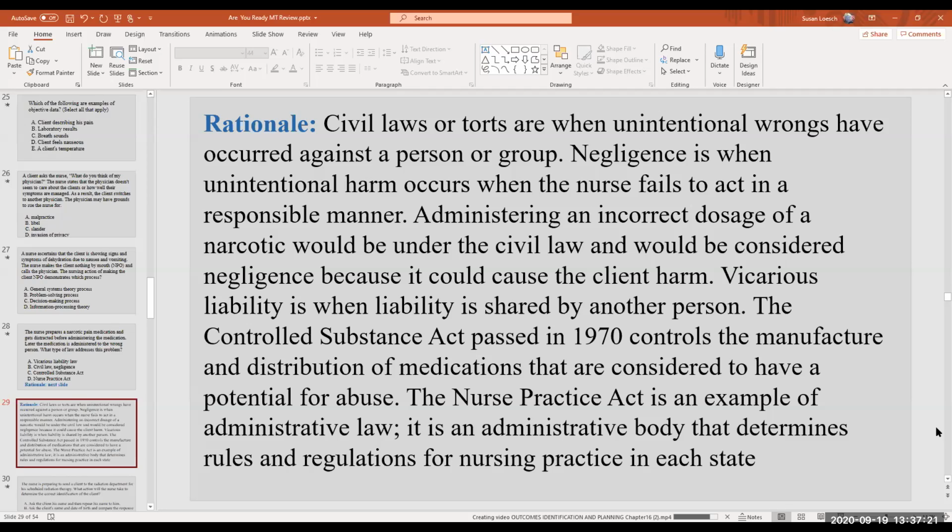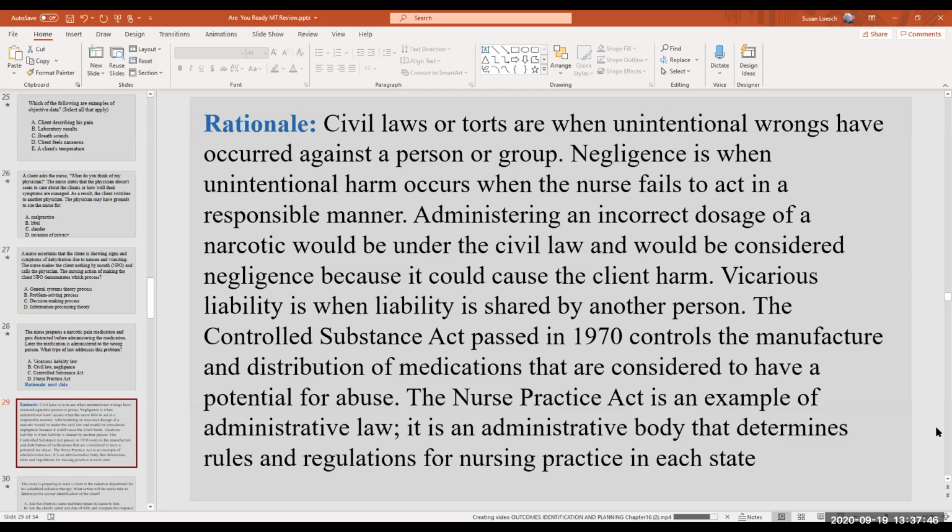Vicarious liability is when the liability is shared by another person. So this could sometimes happen, although I think you would be more responsible than the other person. But an example of this might be if someone pulled the wrong medication and then you gave it, because you already know you're not supposed to give medication that someone else pulls, right?